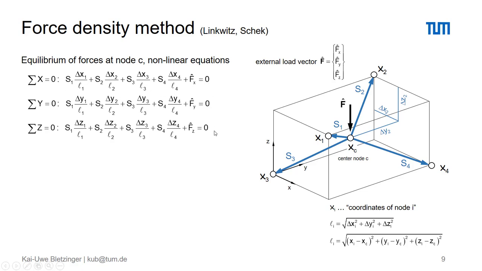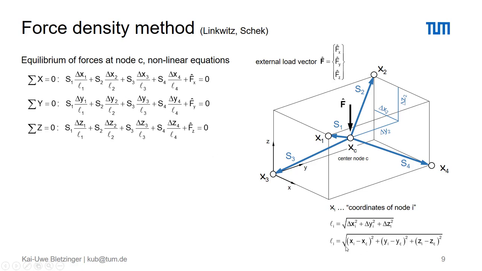These are the equilibrium equations, and important, they are nonlinear in terms of the still unknown coordinates of the center node Z. You find these coordinates in these difference expressions, the deltas, and you also find these coordinates here in the lengths. And here you see the equation for the member lengths.